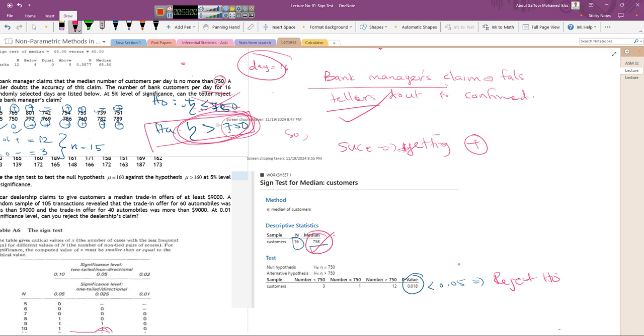If it is greater than 750, that is our success. The number of positive signs is 12, so we need the probability of success, that is x greater than or equal to 12.